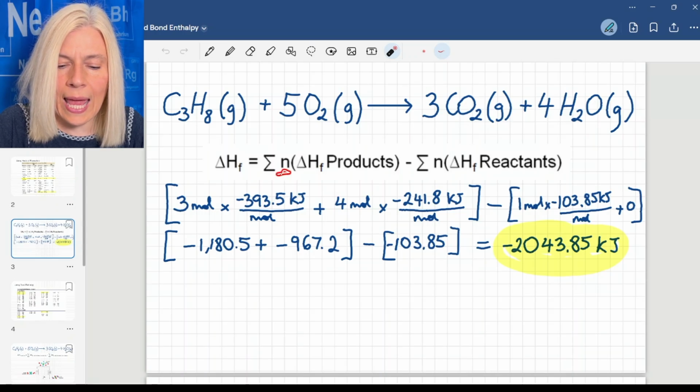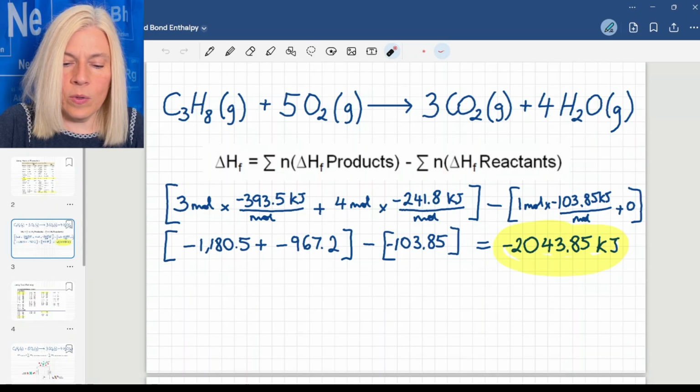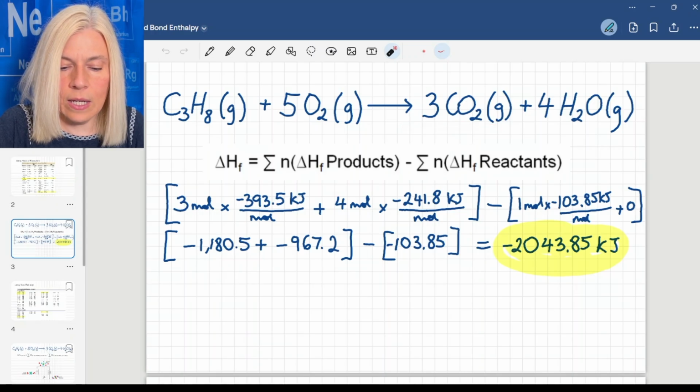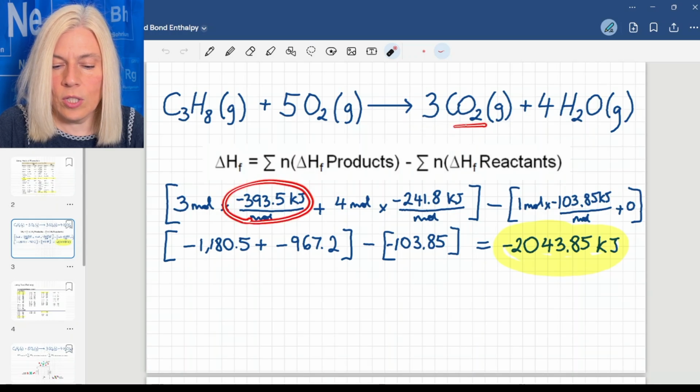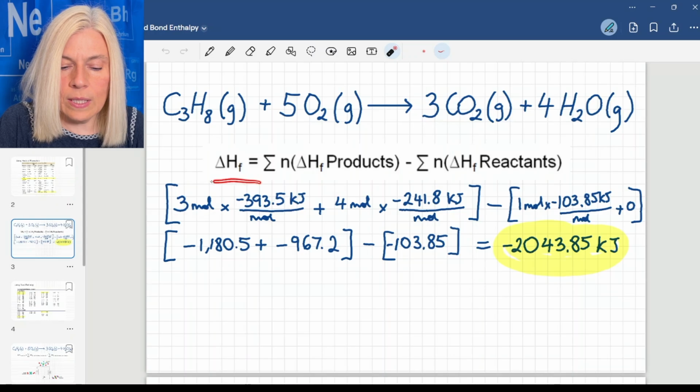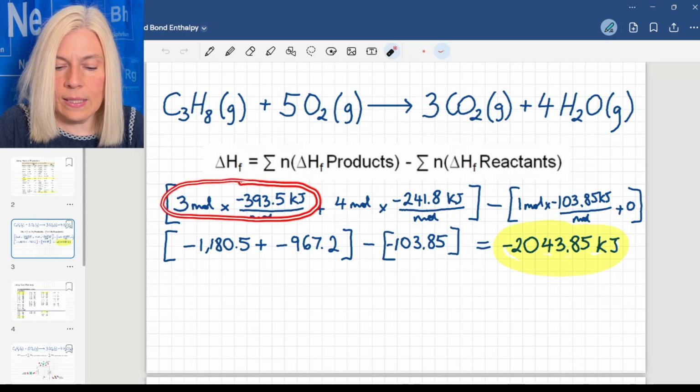So what is this n? Well, what are my products? First, I looked at CO2. Here is the heat of formation of CO2 gas, which is given to me in kilojoules per mole. How many moles of CO2 gas do I have? 3 moles. So it's 3 moles times negative 393.5 kilojoules per mole.